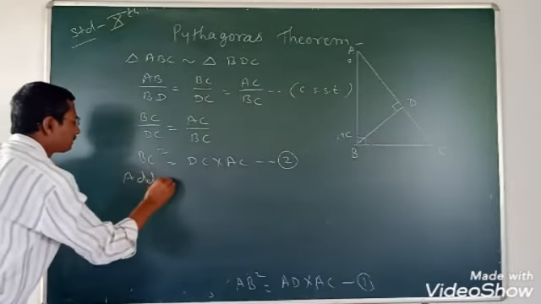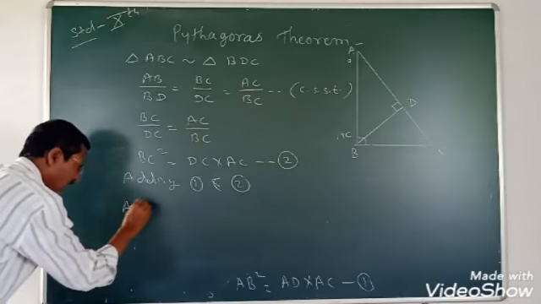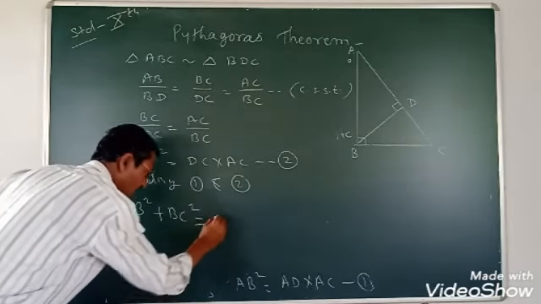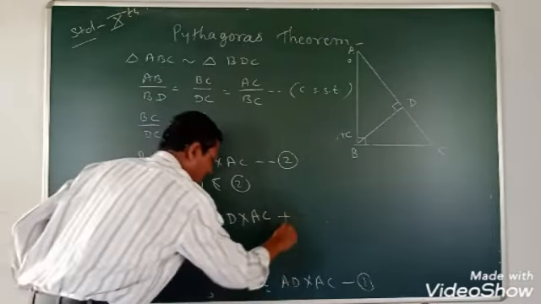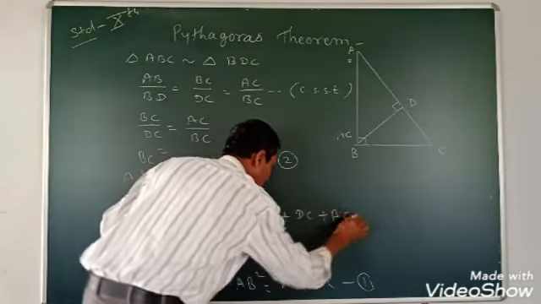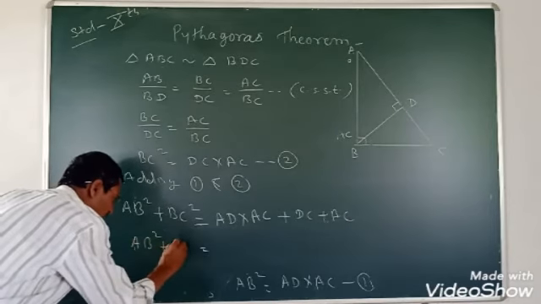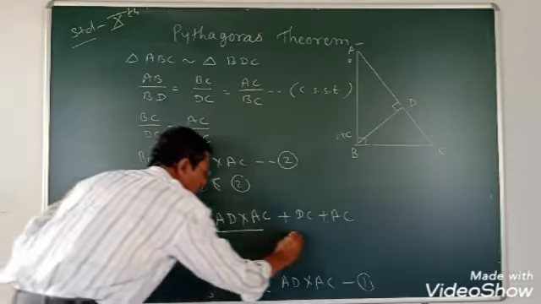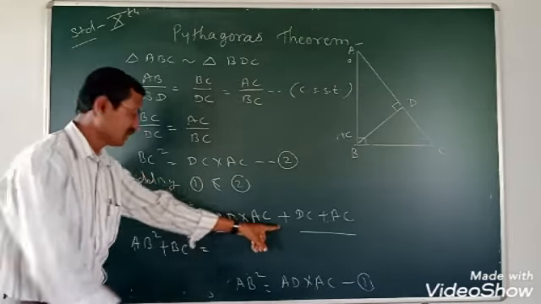Adding 1 and 2, we get AB square plus BC square is equal to AD into AC plus DC into AC. Now here AB square plus BC square remains as it is. What is common? These are two terms separated by a plus sign.